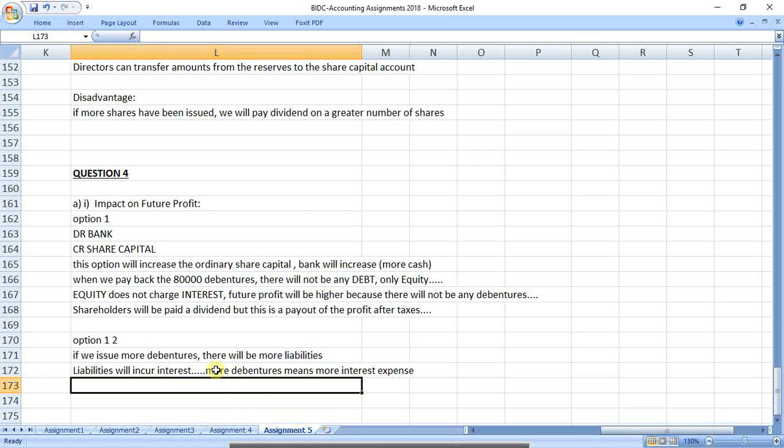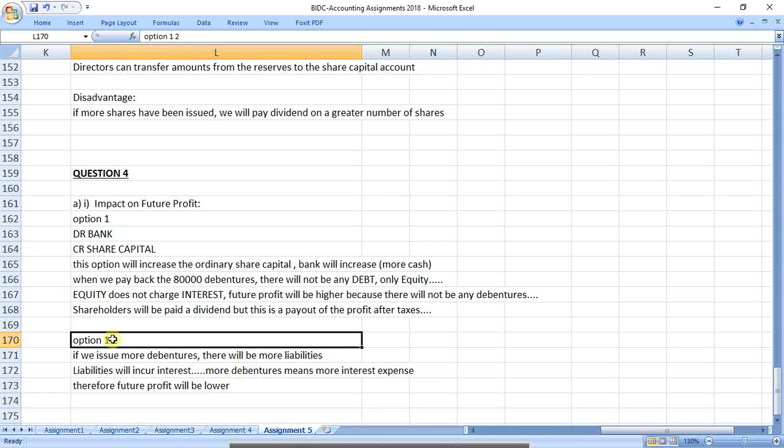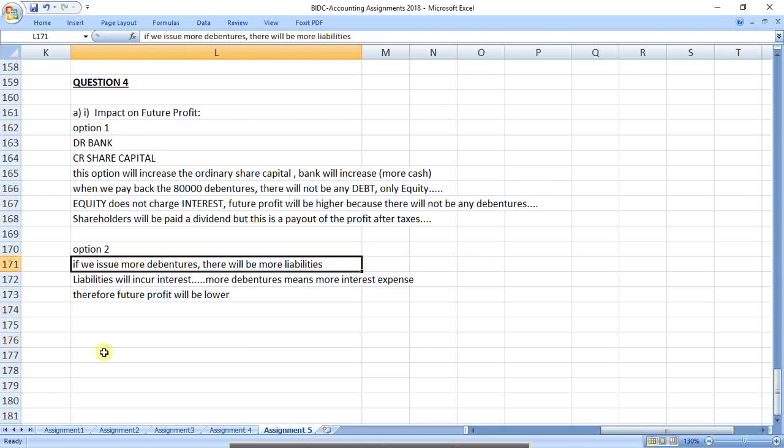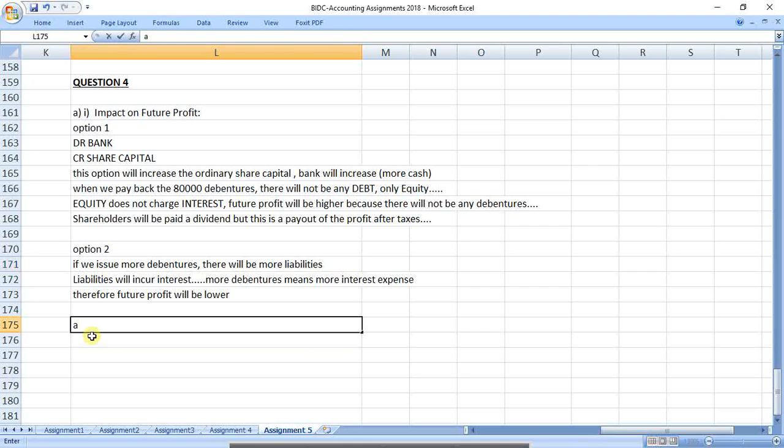More debentures means more interest expense. Therefore, future profit will be lower. Okay, that's 2. Okay, so A1 complete. A2.